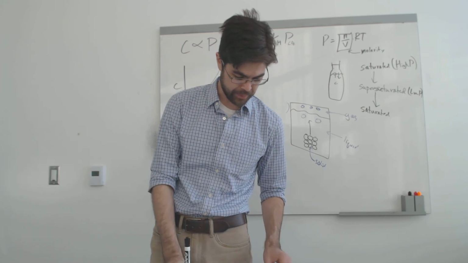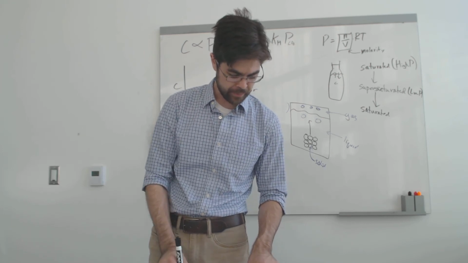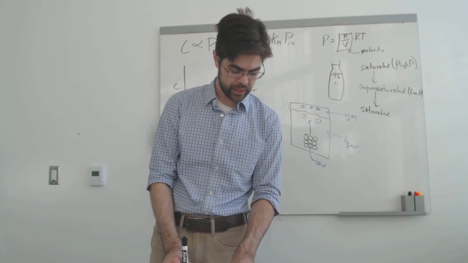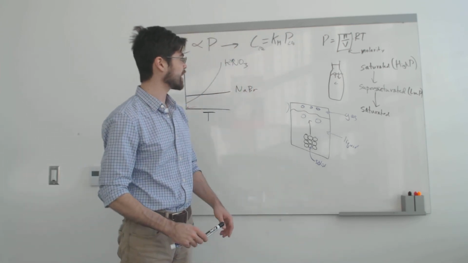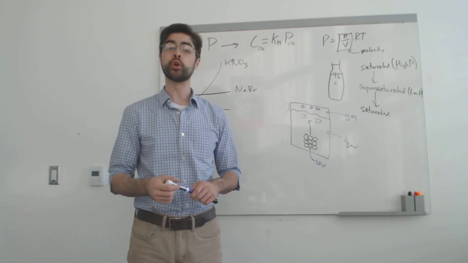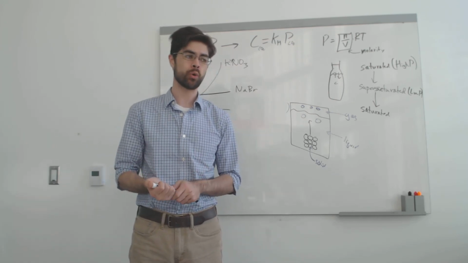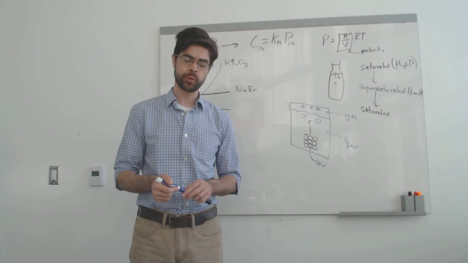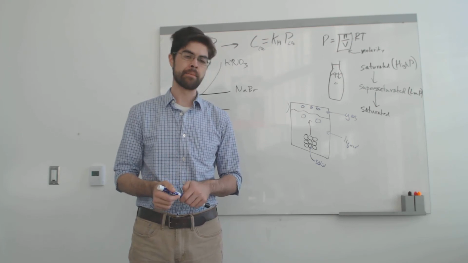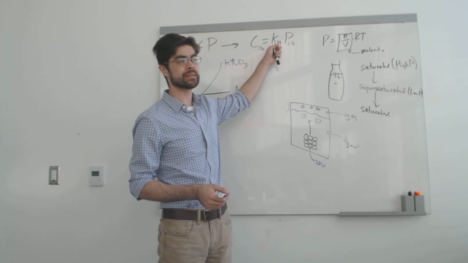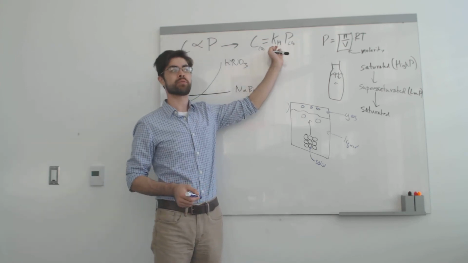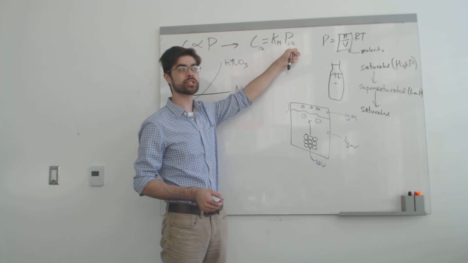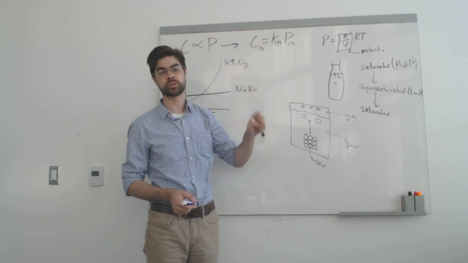Okay, so the last couple questions here. Is the Henry's law constant always moles per liter atmosphere? No, it doesn't have to always be moles per liter atmosphere. It frequently will be. All the Henry's law constant does is provide some way of connecting something that's a pressure to something that's a concentration.